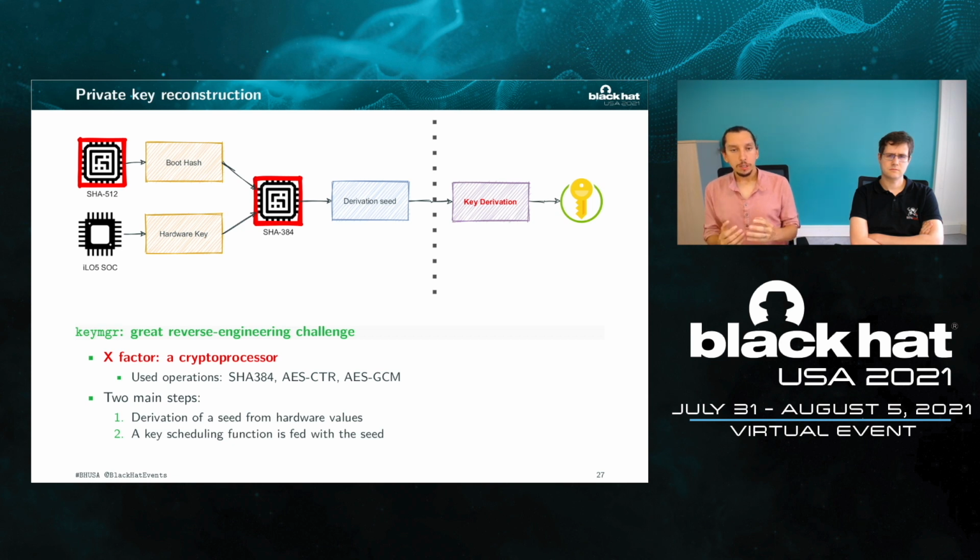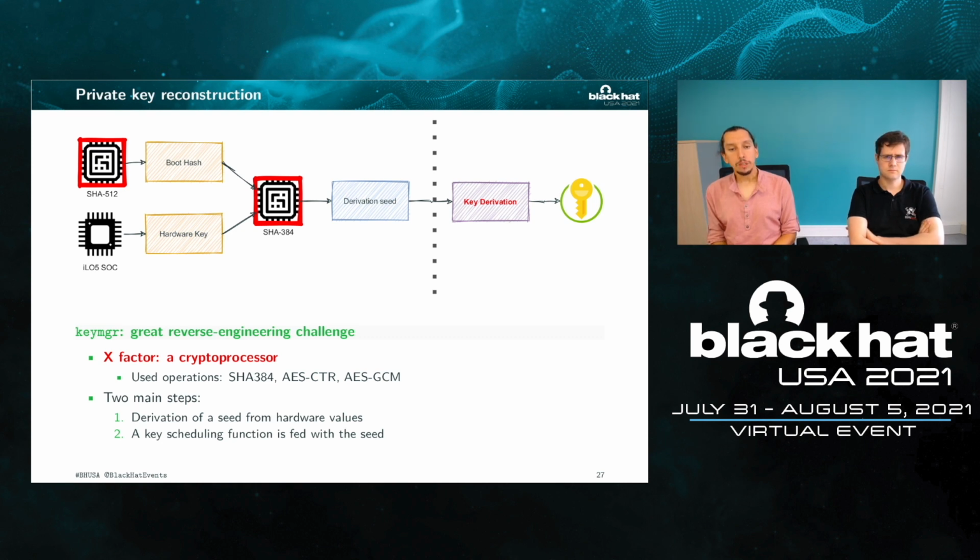The private key is reconstructed regularly in the boot of key manager. There are 2 main steps. The first one is the derivation of a seed from hardware values, on the top left of the schematic, and on the top right we have the key scheduling function that is fed by the seed that is derived first.